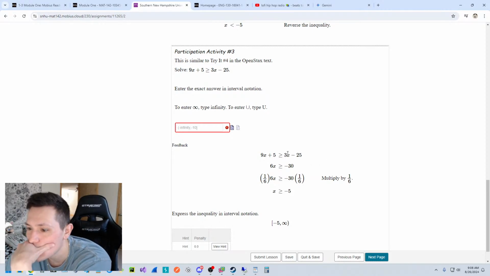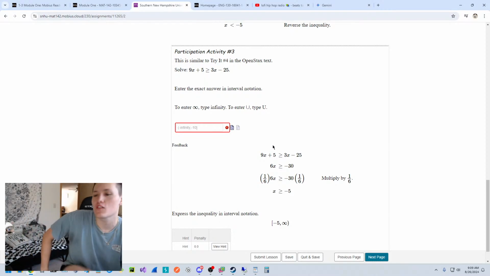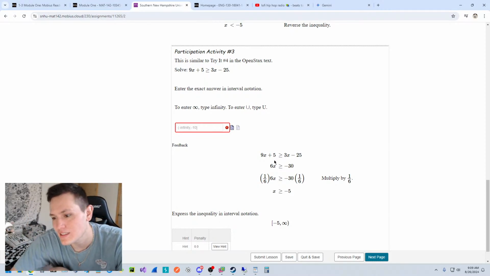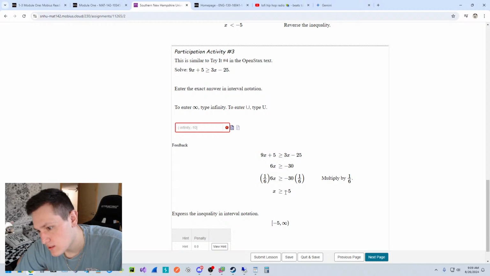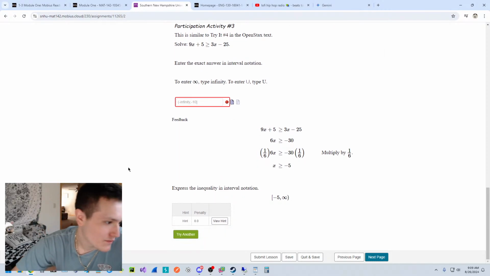Oh, so you need to subtract. Oh, that makes sense because you need to bring everything over to one side. That actually does make sense. I see that now. So you would subtract 3. 9 becomes 6. Then you would do 1/6, and then 5 times 6 is 30. It's negative 5. Yeah, that makes sense.